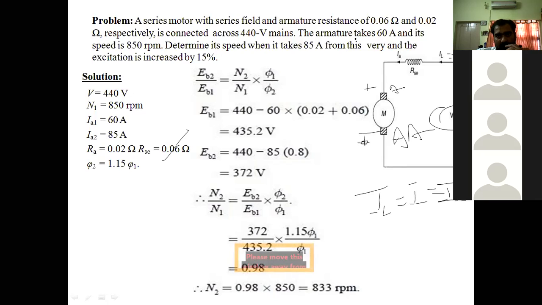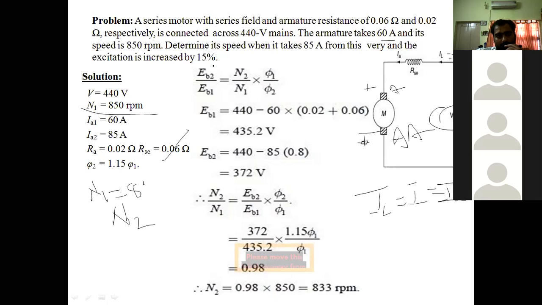The armature takes 60 amperes, that is IA, and its speed is 850 RPM. And this is the N. Up to here, we will consider the N value as 850. Determine its speed. So he is asking, that's why we have to calculate the second speed. He has given N1 as 850.